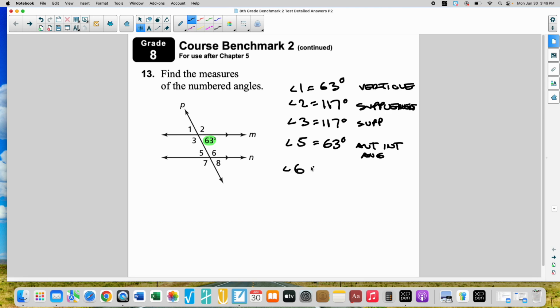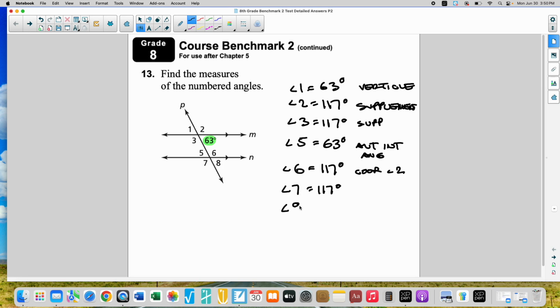Angle 6 is going to be 117 degrees, and it is supplementary to angle 5. It is also alternate interior to angle 3. And it is also another good one: it corresponds, we haven't done this, with angle 2. Corresponding angles are in the same location on a clock, upper right. Angle 7, we'll say 117 because it's vertical.